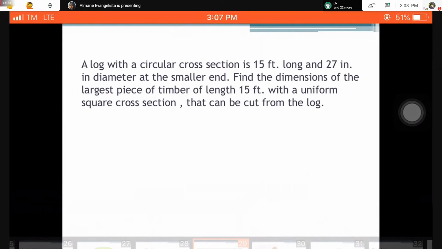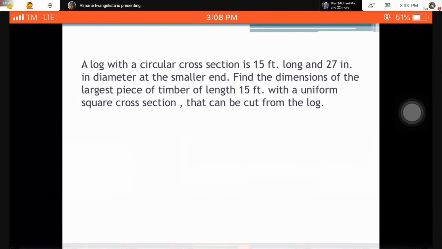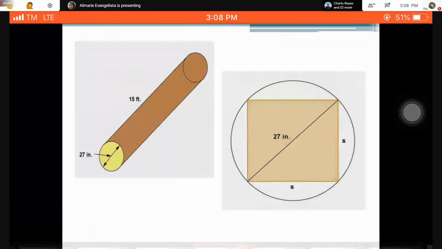Analyze natin yung problem. Dito, gagamit tayo ng Pythagorean theorem. Pakita ko na yung figure. Kung mapapansin nyo sa kabilang figure, naka-indicate yung length ng log which is 15 feet.